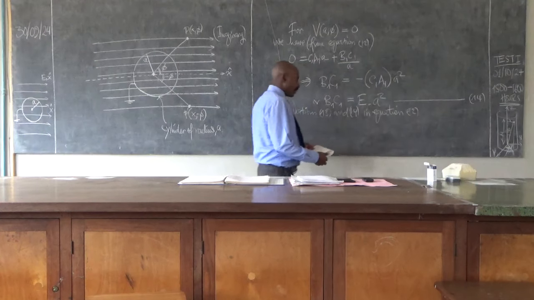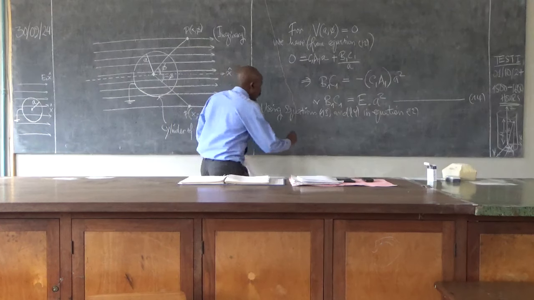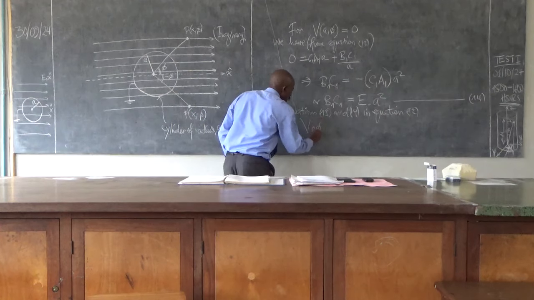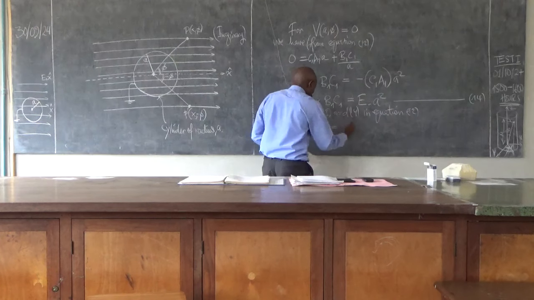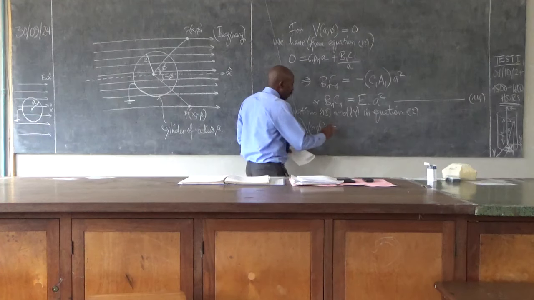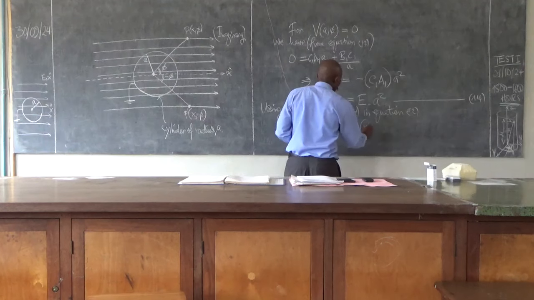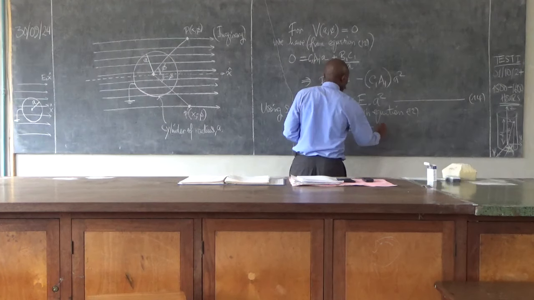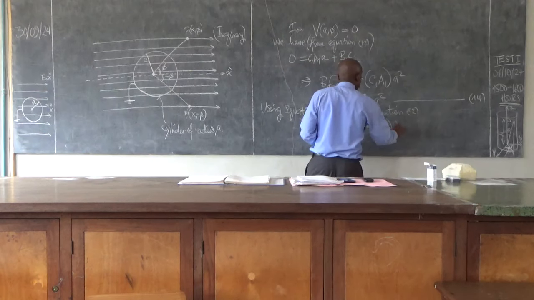You know better where they are. Then we would have that VR phi equals to minus E naught, R minus A squared over R, cos phi.